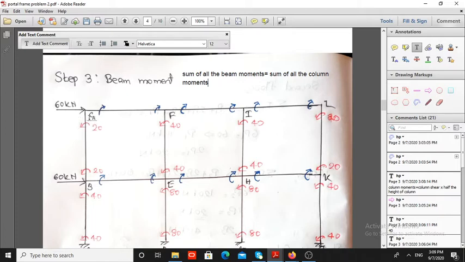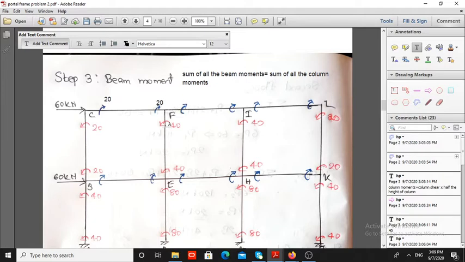The column moment is 20 anti-clockwise, so the beam moment is 20 in the clockwise direction. The same value 20 is here also. Here also we have to satisfy the condition that the sum of all the beam moments should be equal to the sum of all the column moments. Here the column moment is 40 in anti-clockwise direction, therefore the beam moment is in clockwise direction.